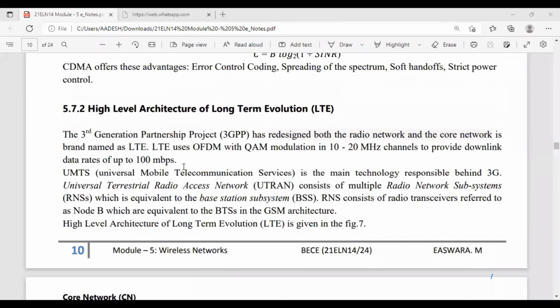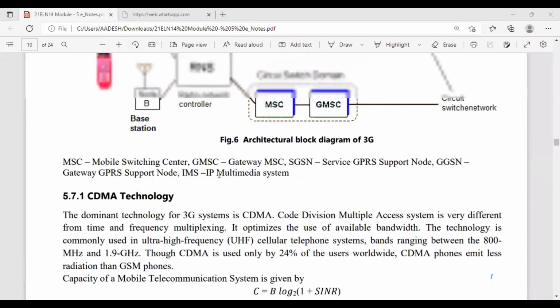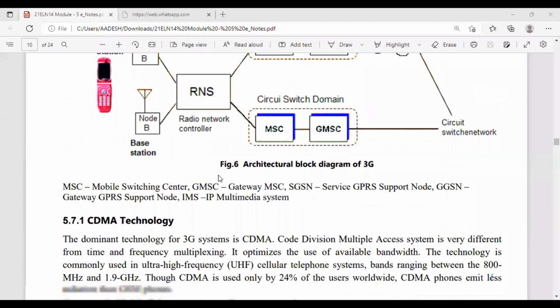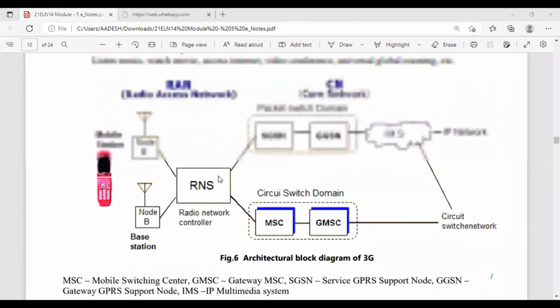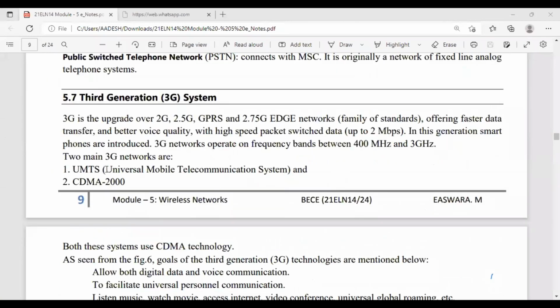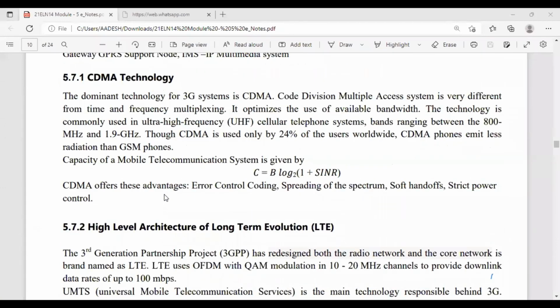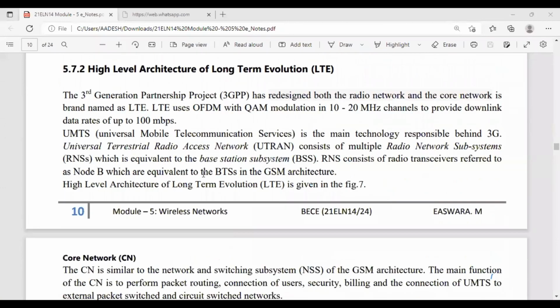All right. So this is also called UMTS, meaning Universal Mobile Telecommunication Service. This is the main technology used in 3G, right? So in 3G we have mentioned UMTS and CDMA 2000. But in LTE, we have the Universal Terrestrial Radio Access Network.